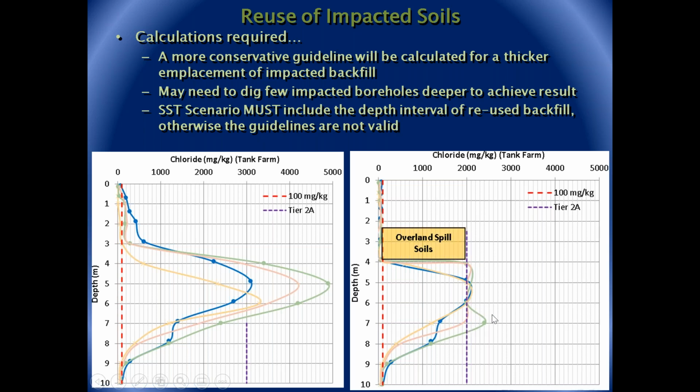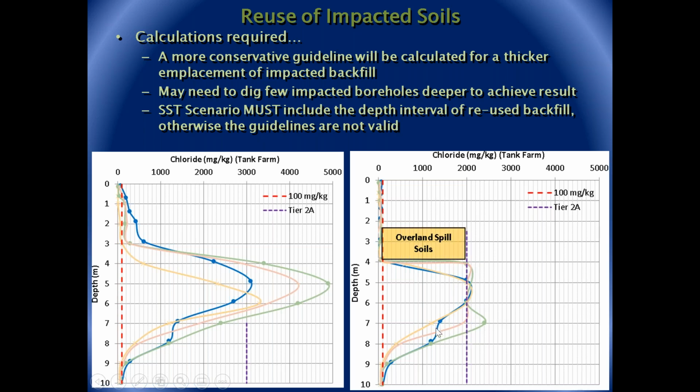Now, if you look at this borehole here, it had higher concentrations. It had about 2,500 or 2,400 milligram per kilogram at 7 meters. It's now exceeding your criteria. So you would want to excavate that particular area deeper so that all your concentrations are less than 2,000 milligram per kilogram.